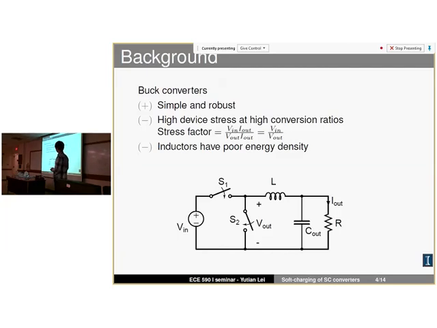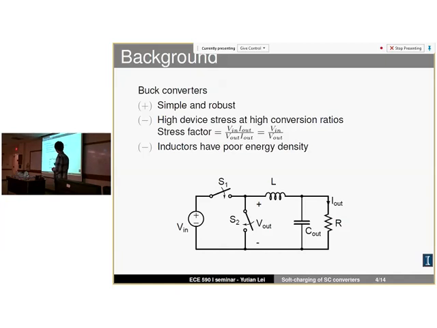This is really the major drawback of the buck converter, which means that it can't operate in a very efficient manner and at high frequency when the input voltage is really high compared to the output voltage.